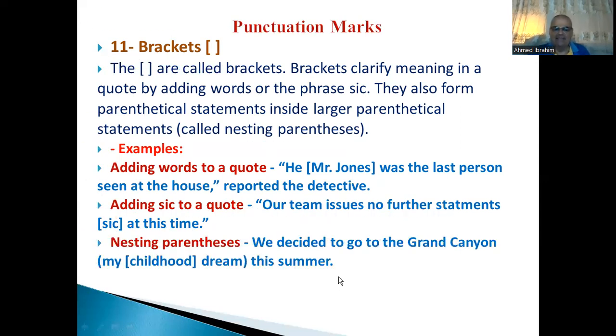Nesting parentheses means the brackets are inside the parentheses. We decided to go to the Grand Canyon (my childhood dream) this summer.